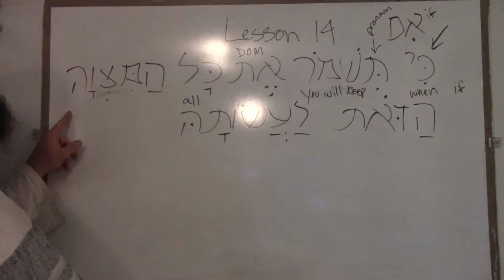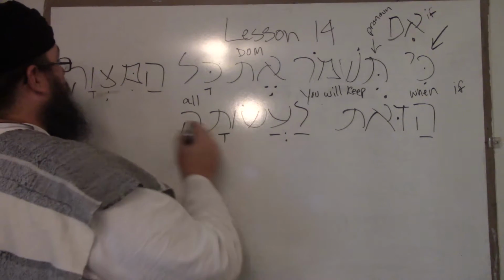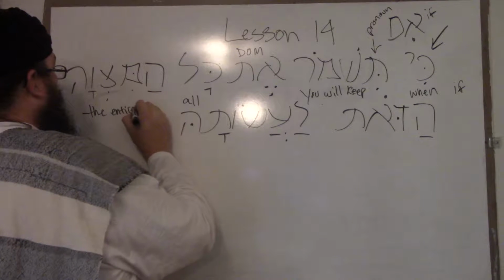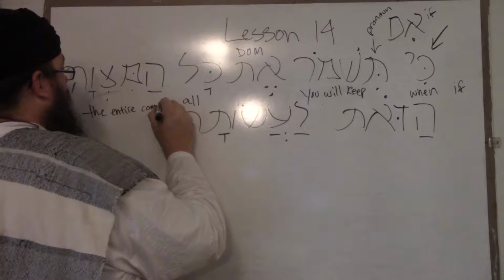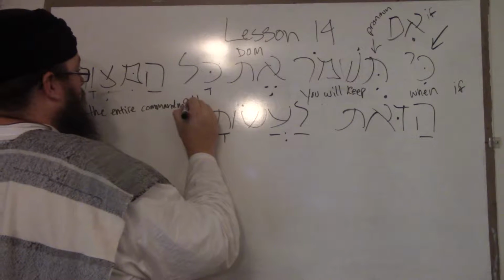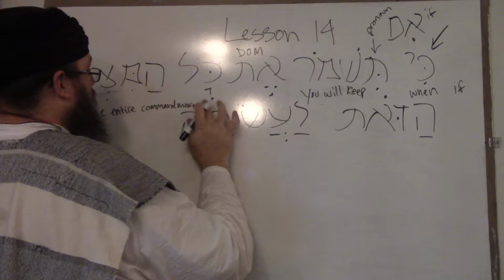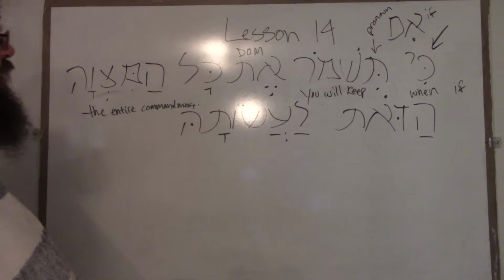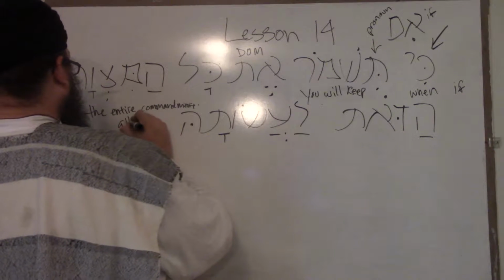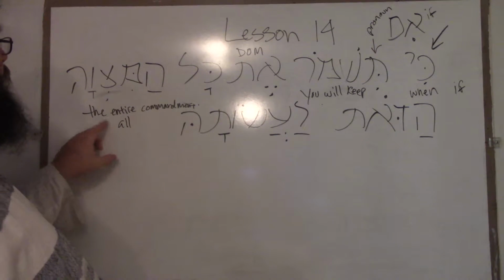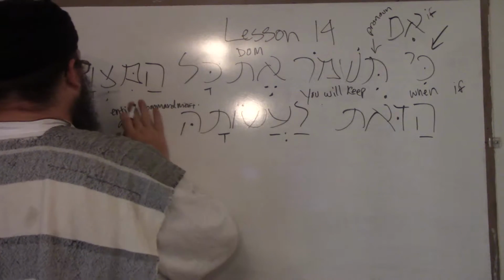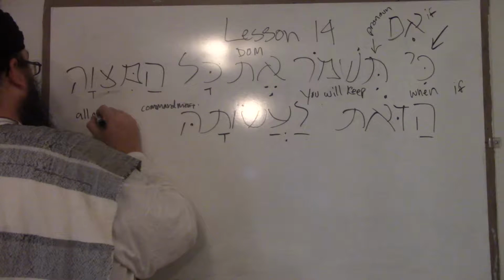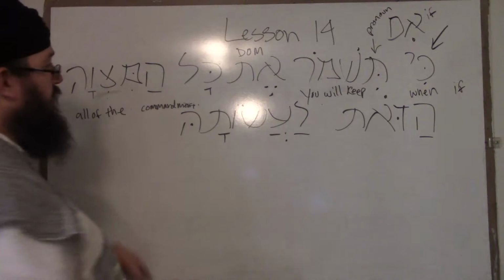Kol ha-mitzvah. So ha-mitzvah is the entire commandment. Okay? The entire or all of, okay? That's why we said all of the commandment. So let me get back here. All of the commandment.